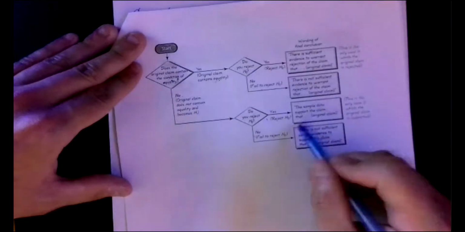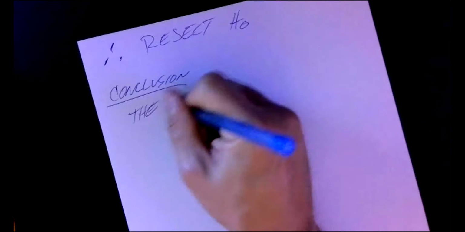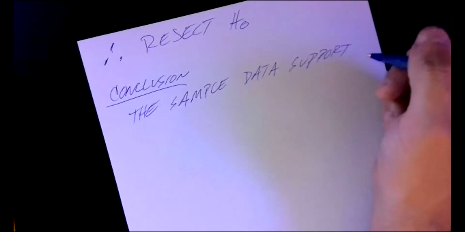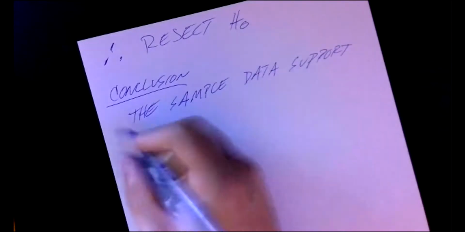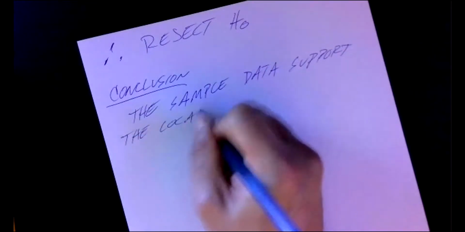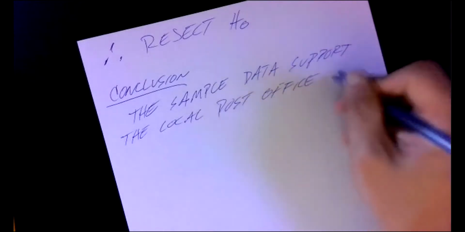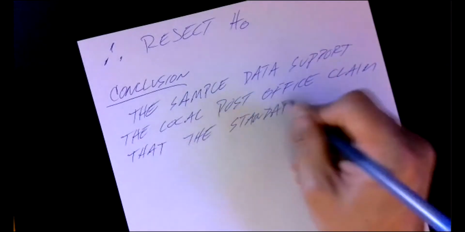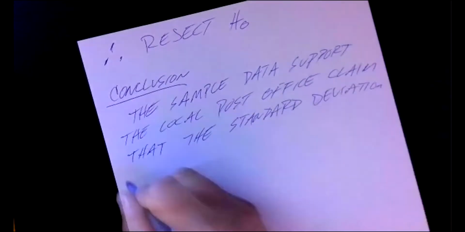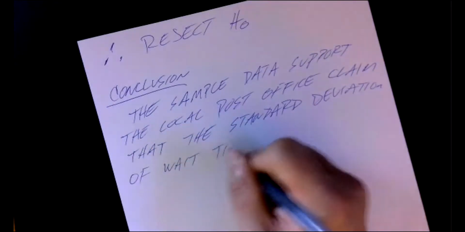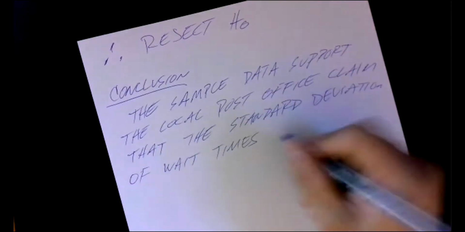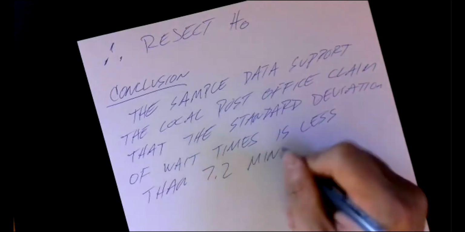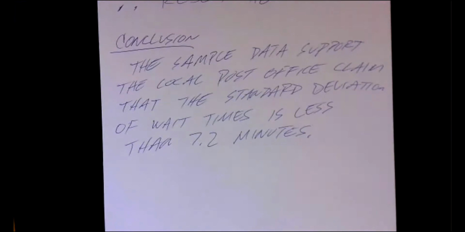The sample data support the claim that, we should say, the local post office's claim that the standard deviation, make sure you get the parameter in there, of wait times is less than, what was it, 7.2 minutes. And we're done with the problem.